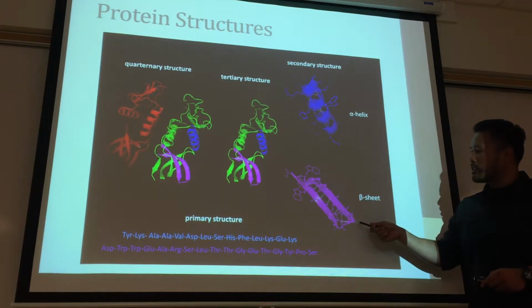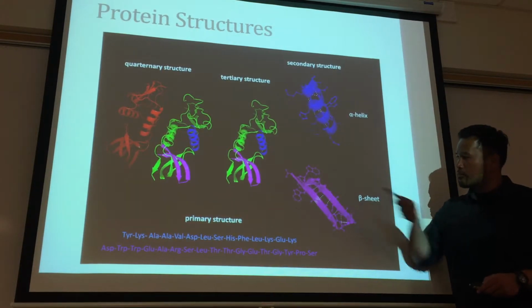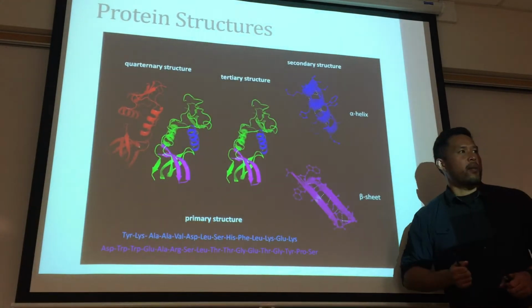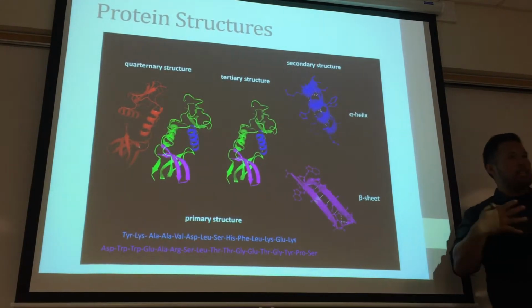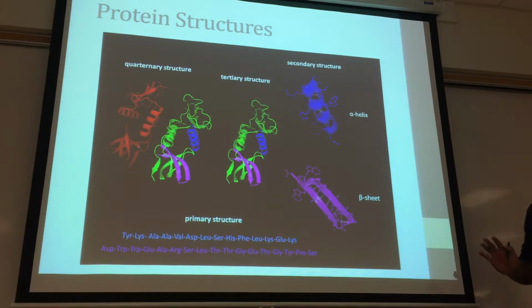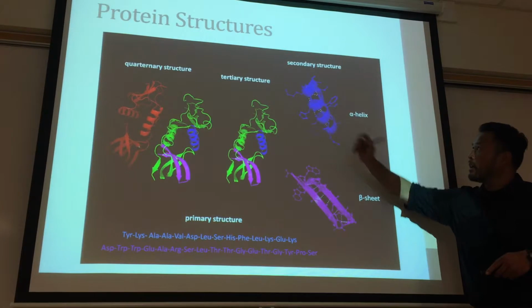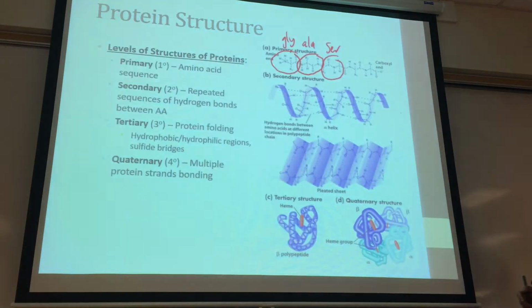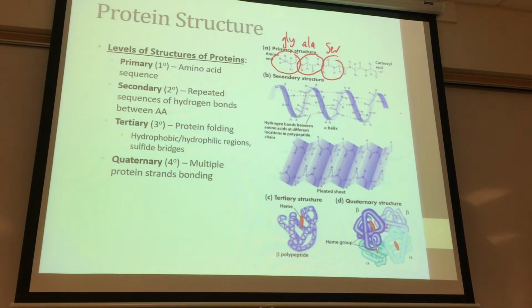Based on that structure, those sequences, and the functional groups attached to them, you get another structure. And because those hydrogen bonds are weak, get a bunch of them together and they hold together very strongly. It's not uncommon when you look at a protein to see these structures. So that's the secondary structure, again based on hydrogen bonding.